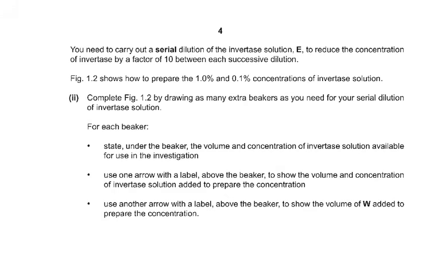Now as we proceed with the question, we're supposed to read the whole question. You need to carry out a serial dilution of the invertase solution E. If you remember, E is a 1% invertase.